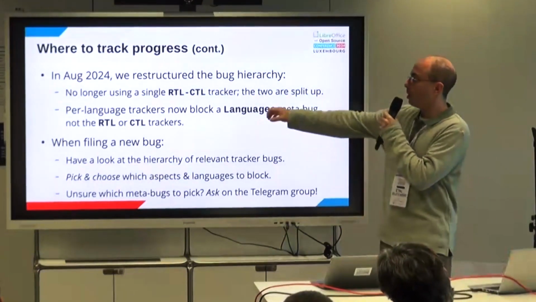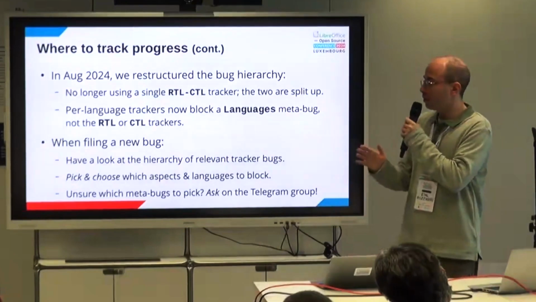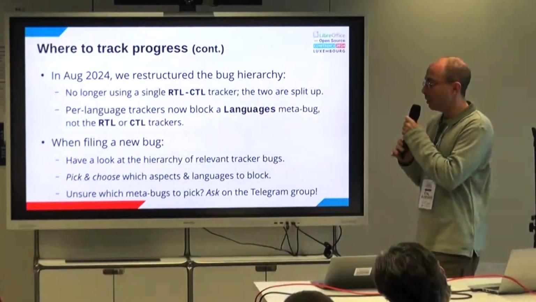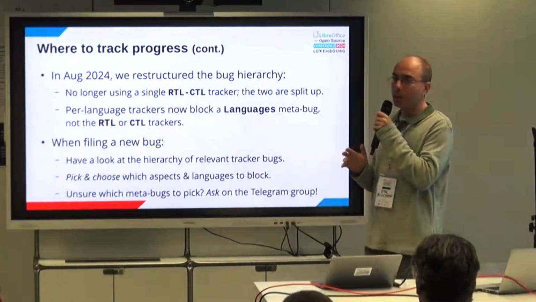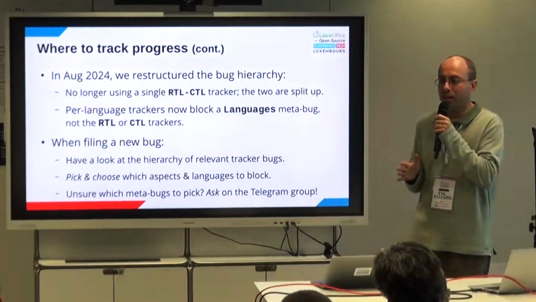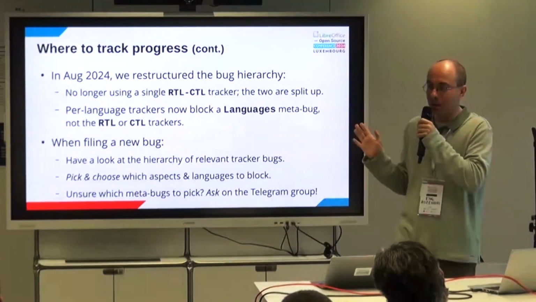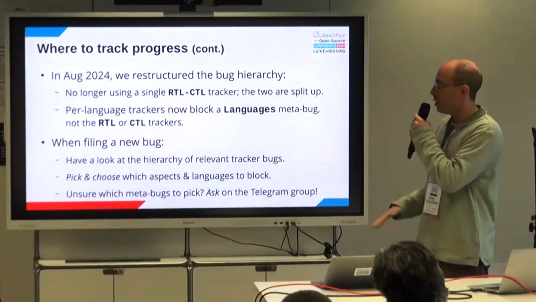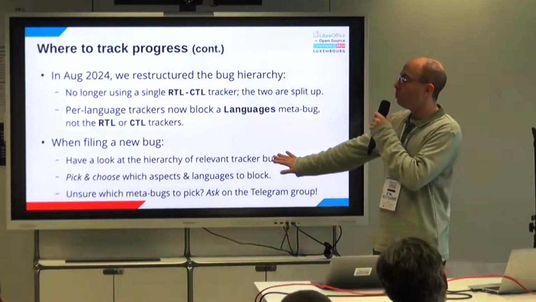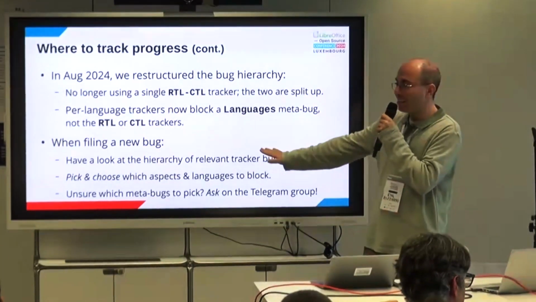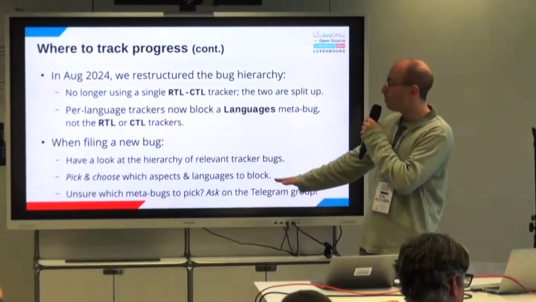They just block languages, and we're going to see a graphic of this in a while. But the point is that now, if you're filing a bug that has to do with anything in the right-to-left or CTL space, then take a moment to look at the next slide or memorize some of it.